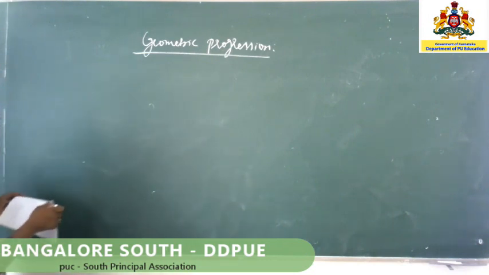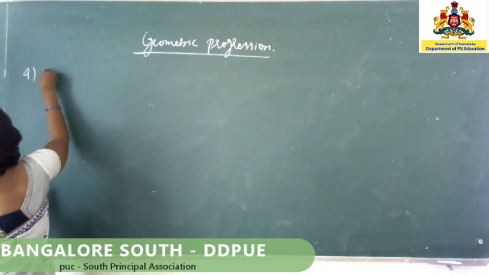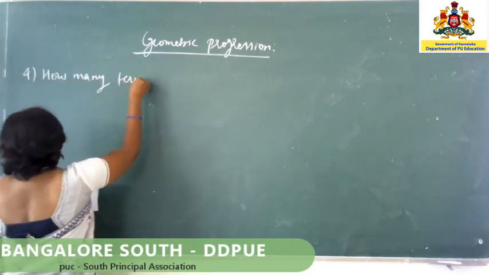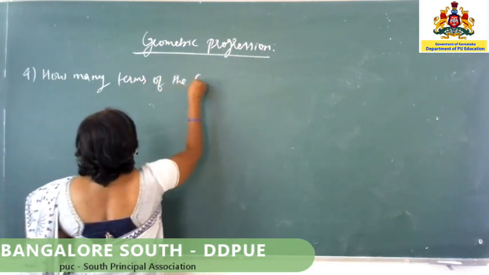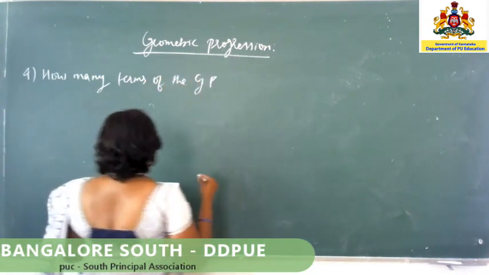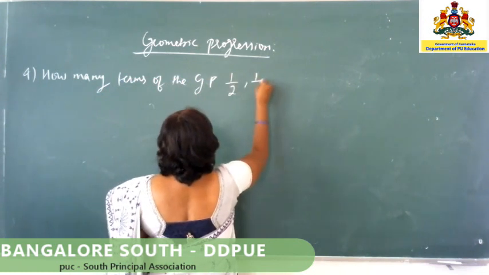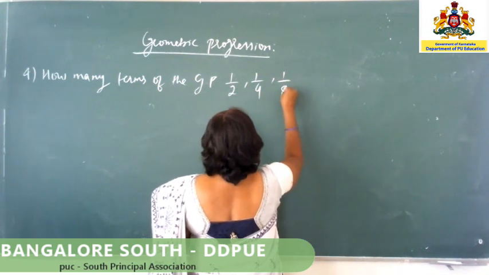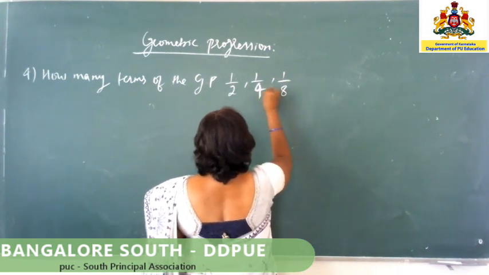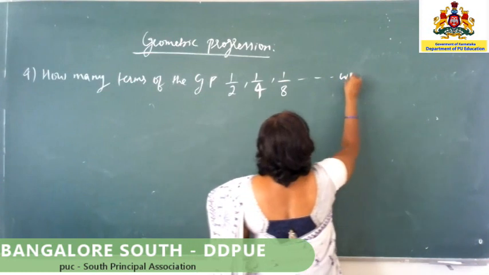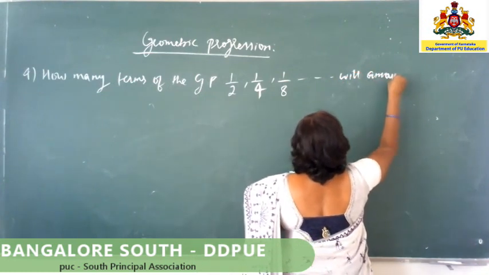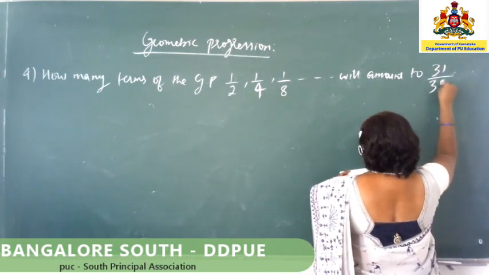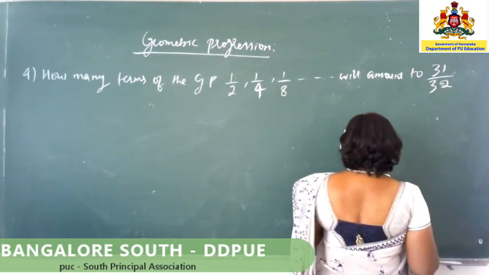Next sum. How many terms of the GP 1 by 2, 1 by 4, 1 by 8 will amount to 31 divided by 32.